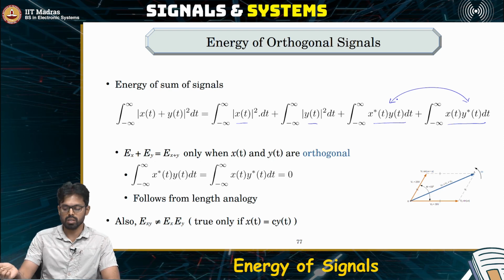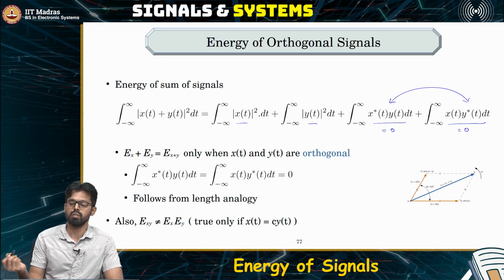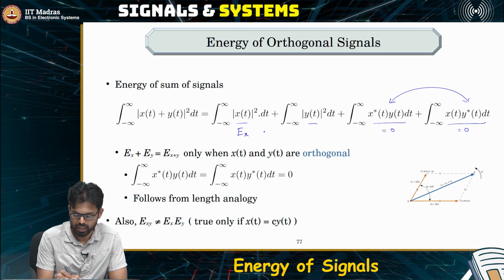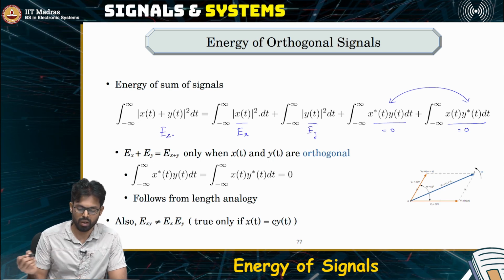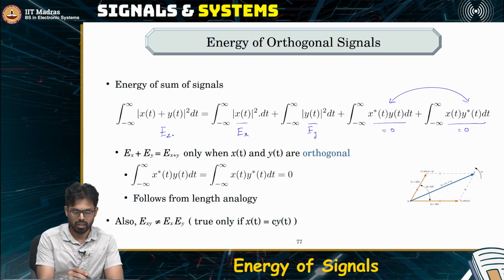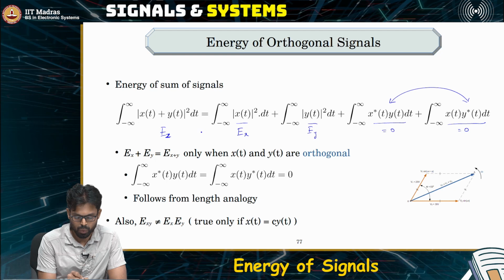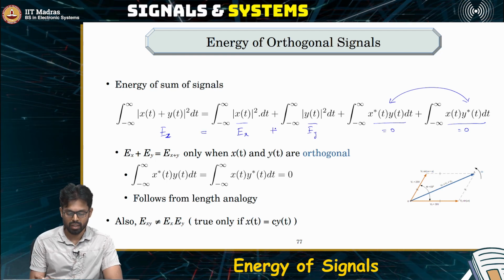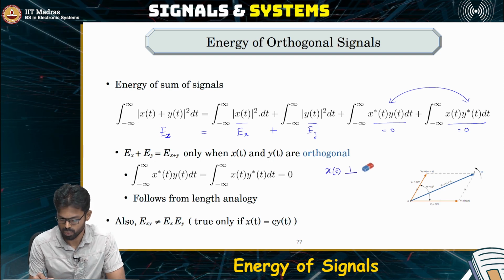If these two signals were orthogonal, then these two terms will become 0, which means we will get Ex here, Ey here, and there will be Ez. So the energy of the additive term will be equal to the sum of the individual terms only when x of t is orthogonal to y of t.